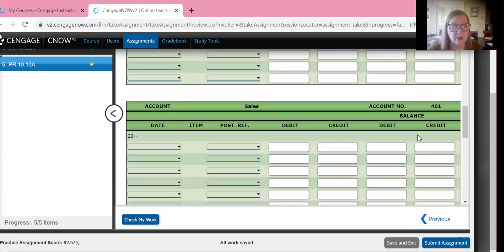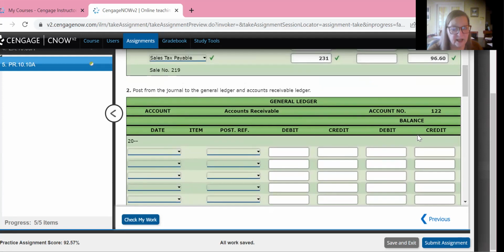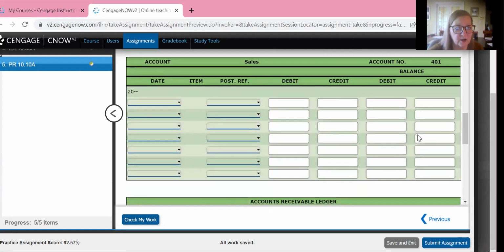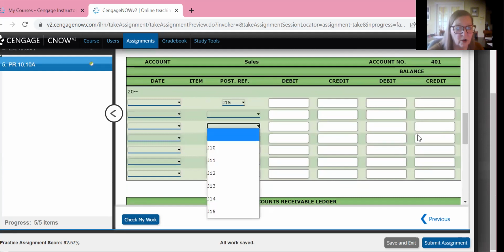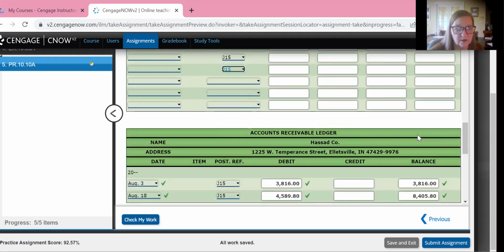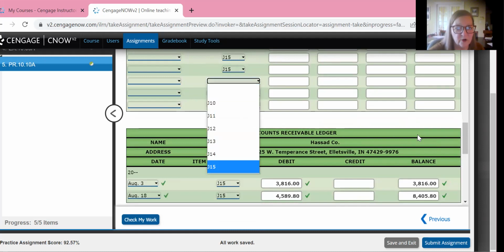And then all these journal entries for sales, accounts receivable, and sales tax payable were journal 15 also, because they were all on that same page that we're dealing with. Scroll a little. I'm just putting them in, even though they're not required.